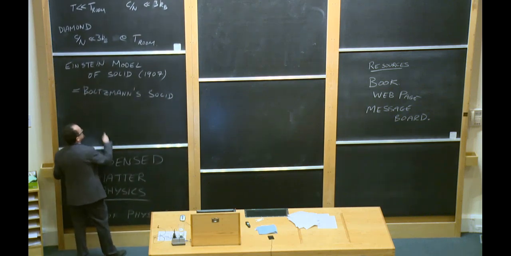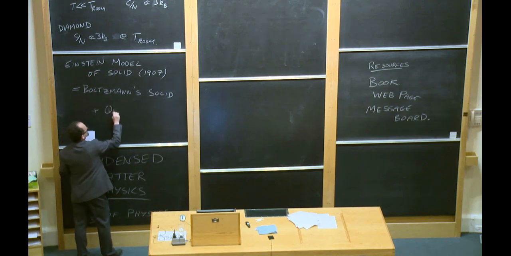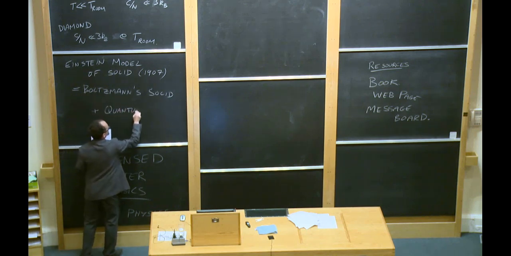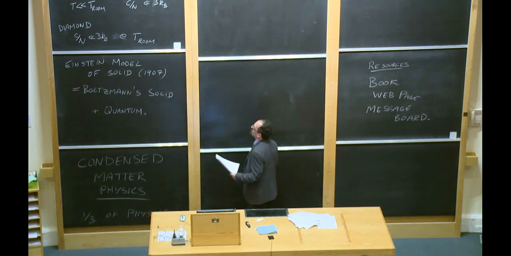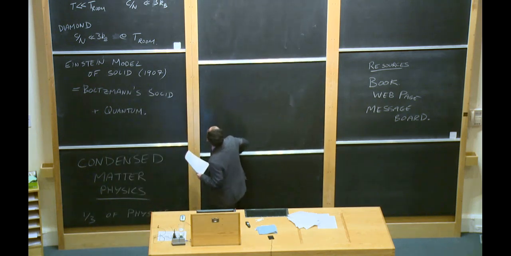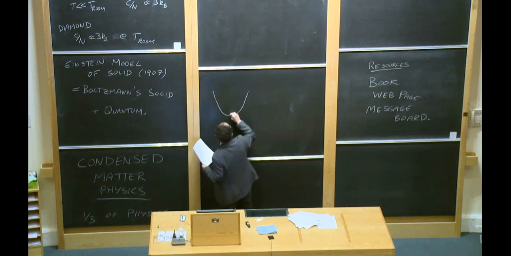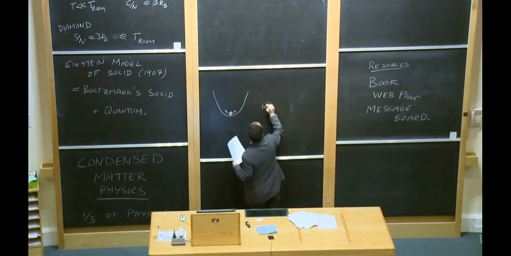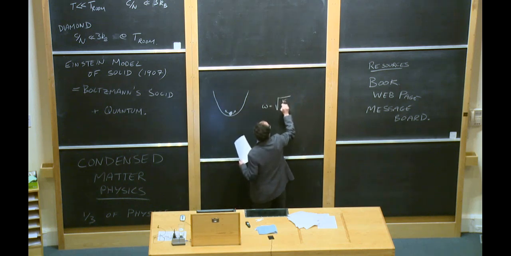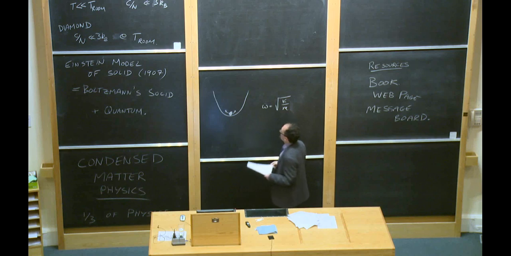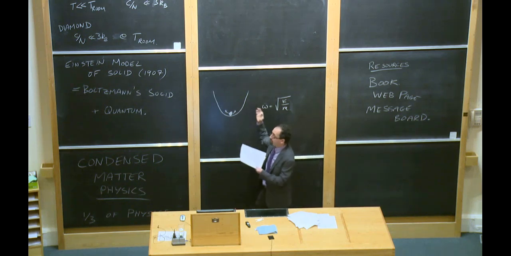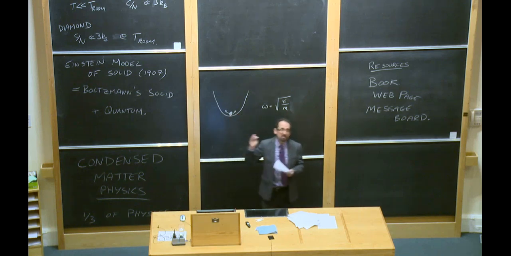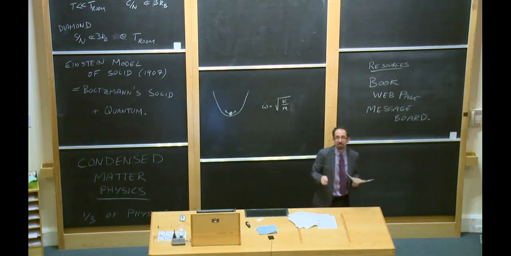And the one ingredient is quantum mechanics. So just to be a little bit more specific about what we mean here about this model. Again, we have an atom in the bottom of a potential well, which can oscillate back and forth. There's an oscillator frequency, omega, the square root of some spring constant divided by some mass. And then we have to treat this potential well using quantum mechanics, not using classical mechanics.